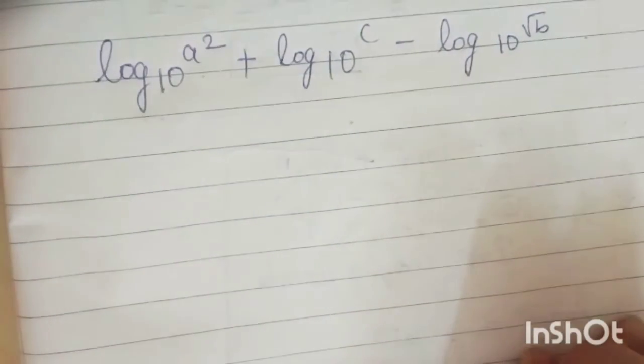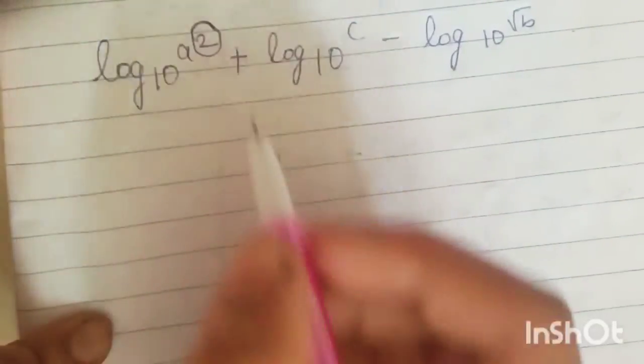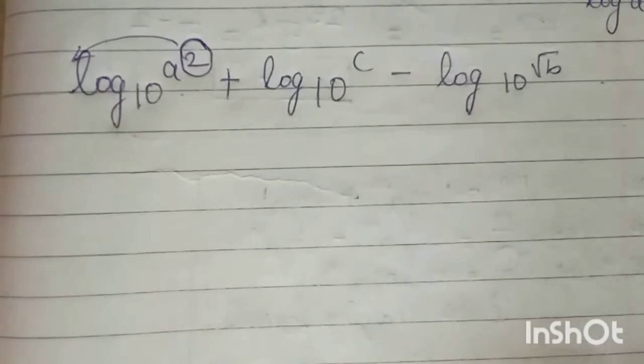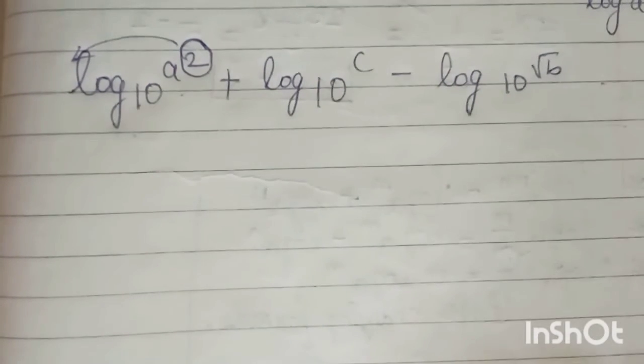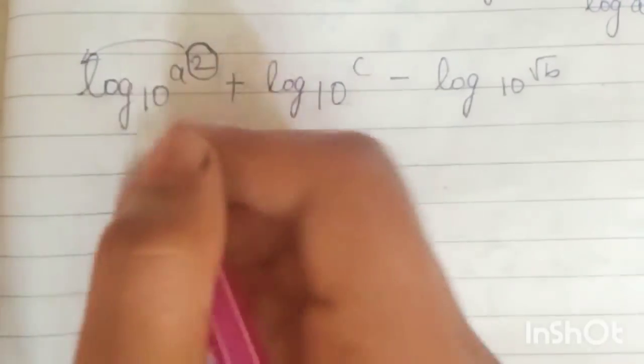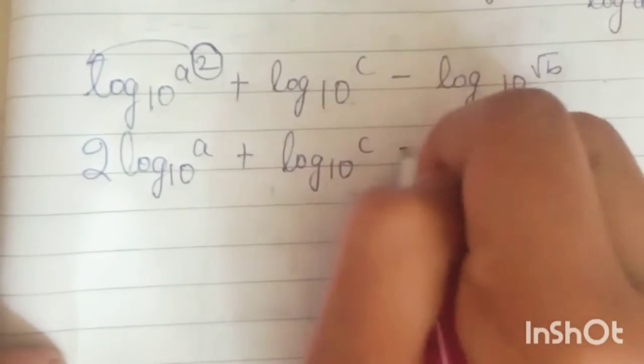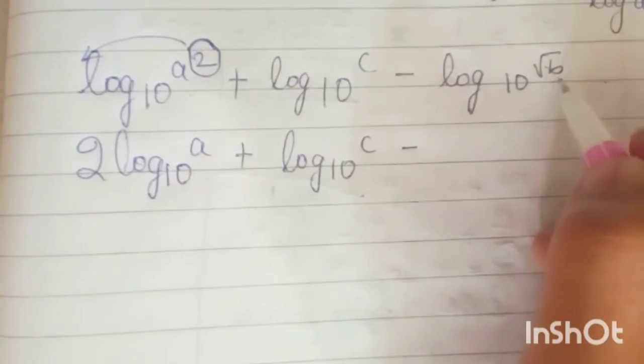Now using another formula, I have this 2 here, right? So we saw a formula: log x square to the base y, that 2 will come to the front side, okay, that square. So in the same way you have to do here also. This will come this side. So I get 2 log a to the base 10 plus log c to the base 10 minus, this b is in root, right?